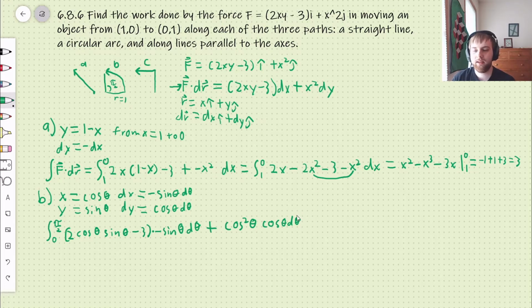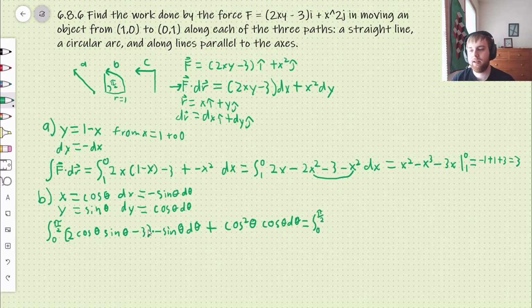This one really tests you on how well you remember all your different techniques of integration. So what we end up with after we simplify is an integral from 0 to pi over 2, and I'm going to be splitting up the integral into a few different pieces.